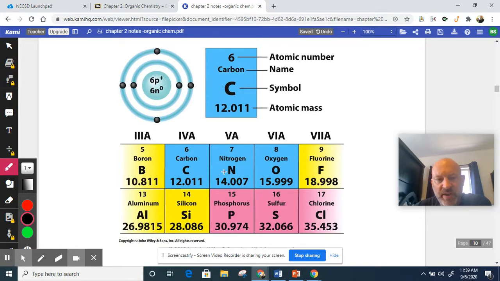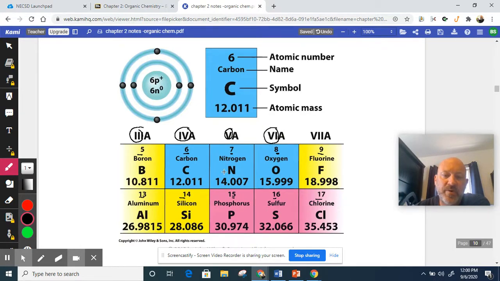So you can see that the atoms are arranged in order by atomic number going across. And then you'll get to the end, and it goes back to the beginning, the second row, 13 and 14, still organizing all the elements by the number of protons that are found in the nucleus. But if you look at the groups, at the columns, there are these numbers up here, 3, 4, 5, 6.